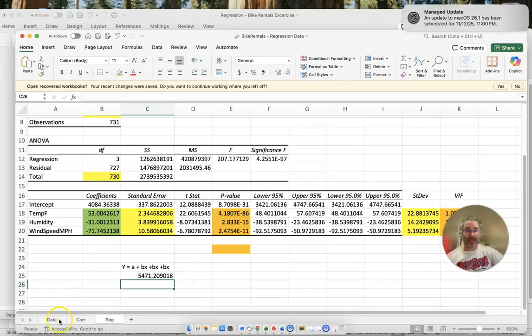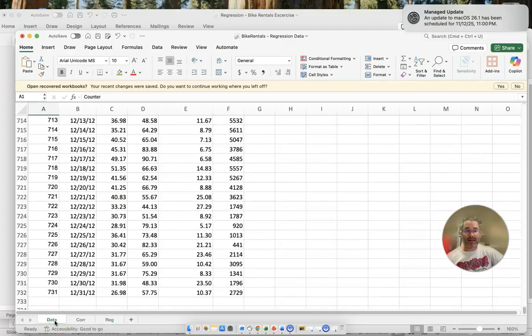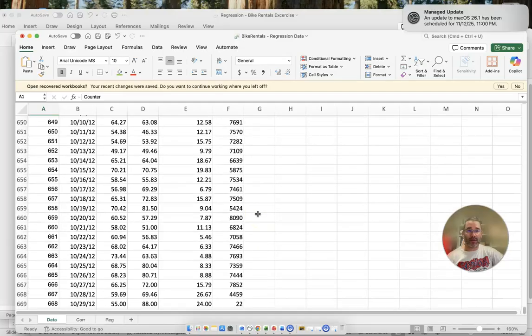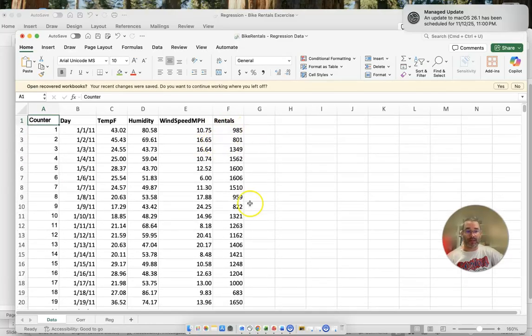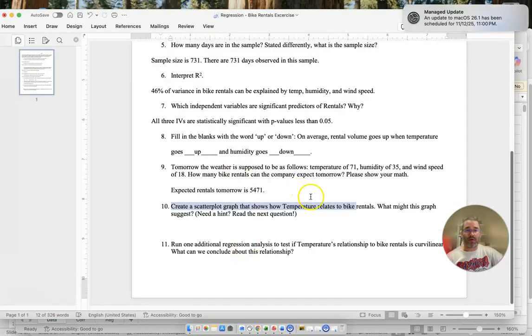So what that's saying is go back to the data and create a scatter plot graph of all of these numbers, basically. The temperature numbers most specifically. So temperature and bike rentals is what we care about.